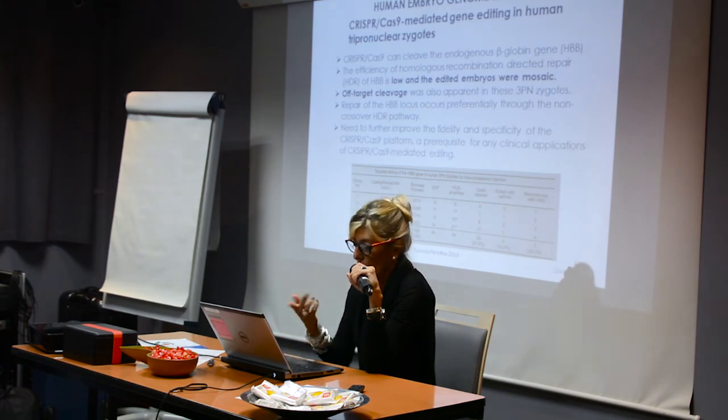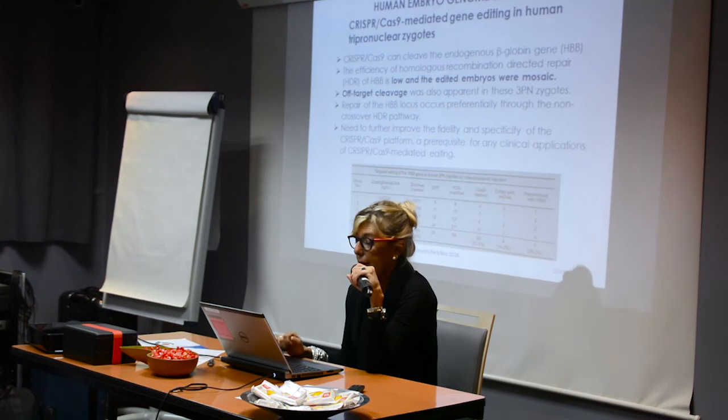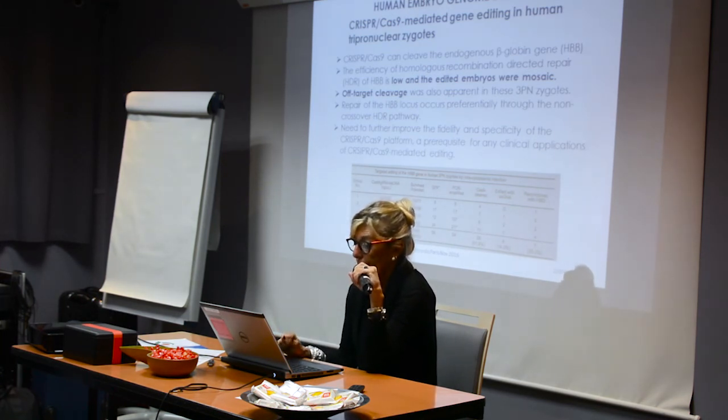This is the one that is being used in that model, and if we need to really apply this methodology, we need to improve the fidelity and specificity of this platform, which is a prerequisite for any clinical application of this system in the human.